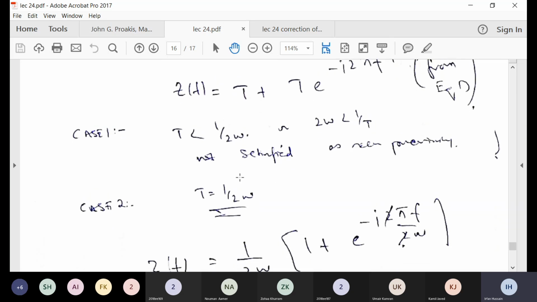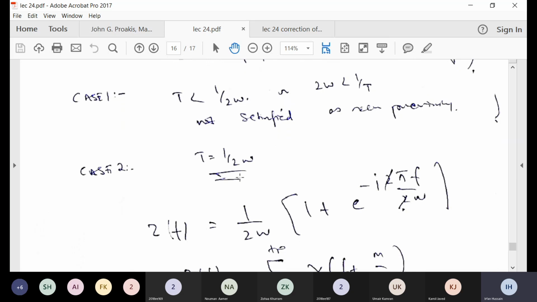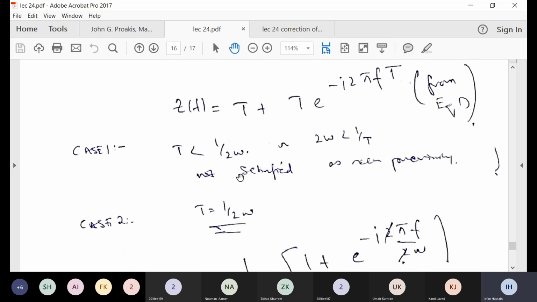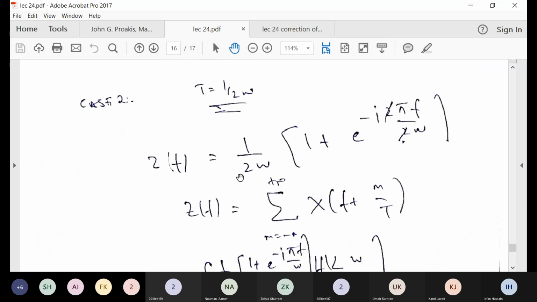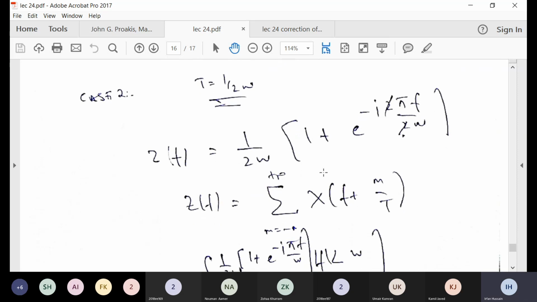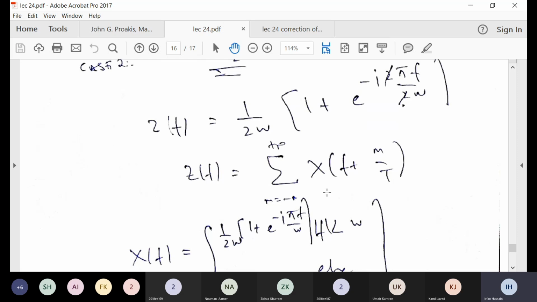With T equal to 1 over 2W, you can see that Z of f comes out to be this thing. And Z of f is actually a replica of X of f.